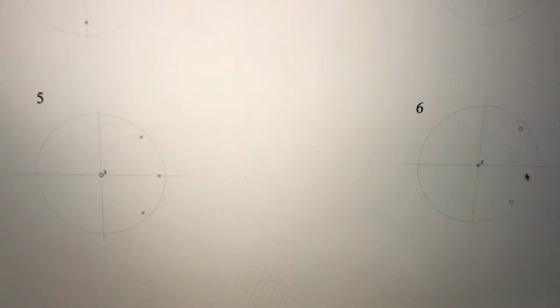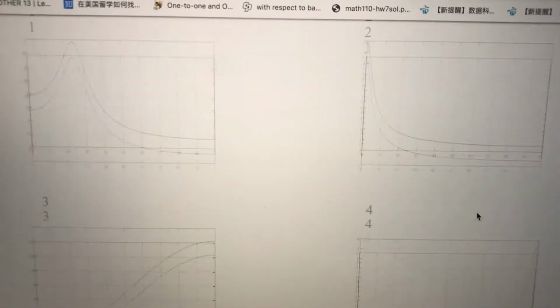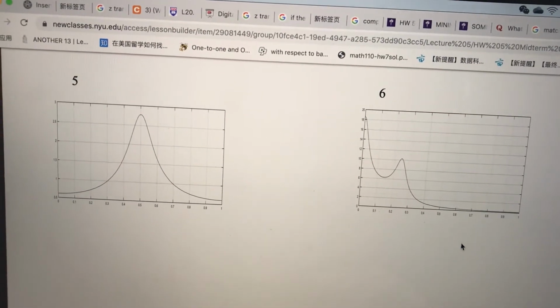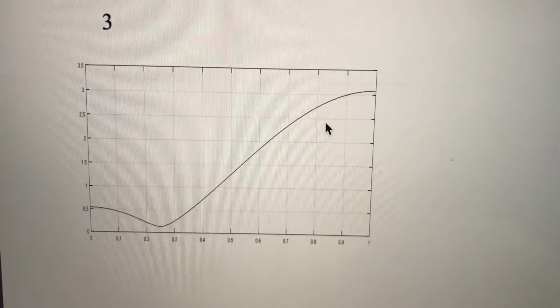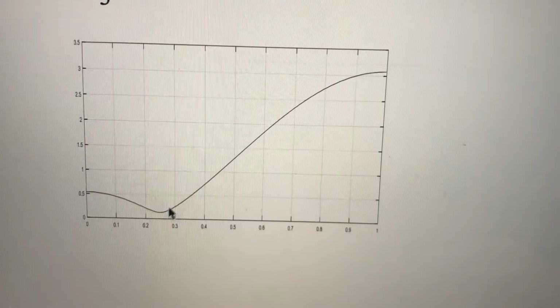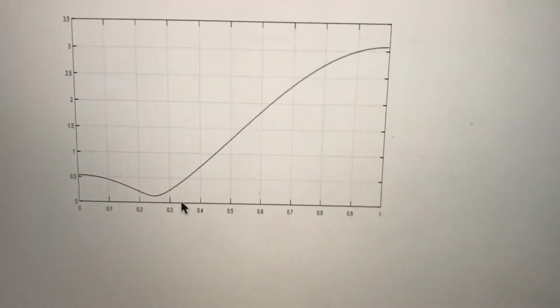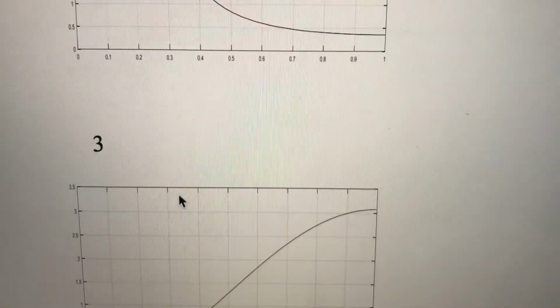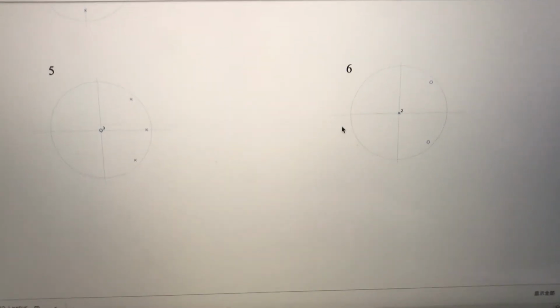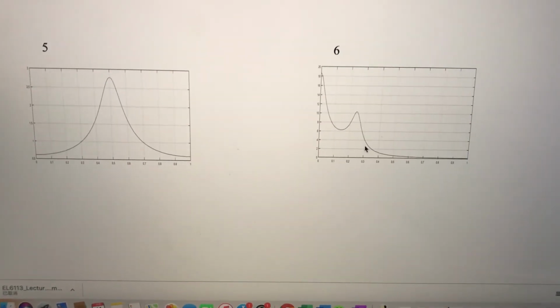So this one matches with diagram 3, because around pi over 4, the diagram comes close to 0. And it has a resonant peak apparently.